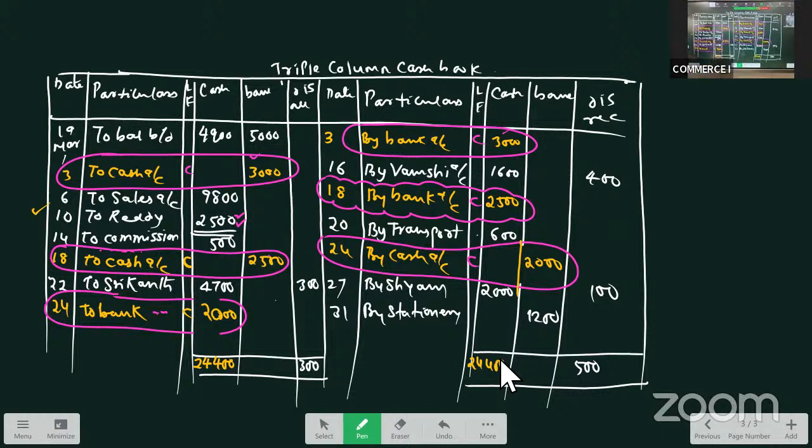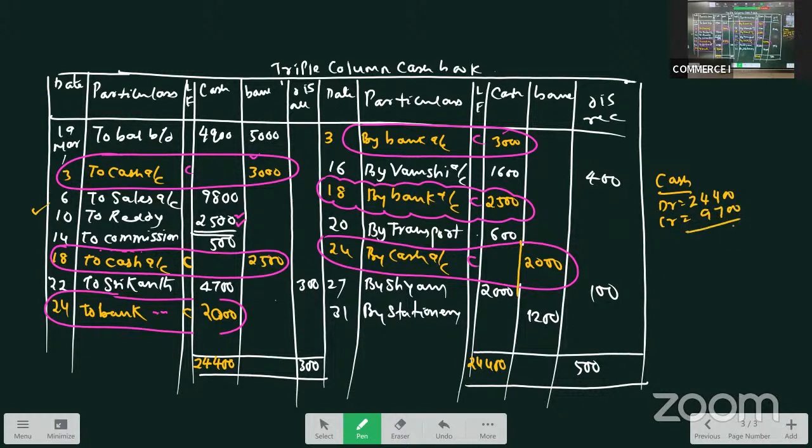And what is the total on the credit side? I'll write it here. Cash debit side total is 24,400. And credit side is 9,700.